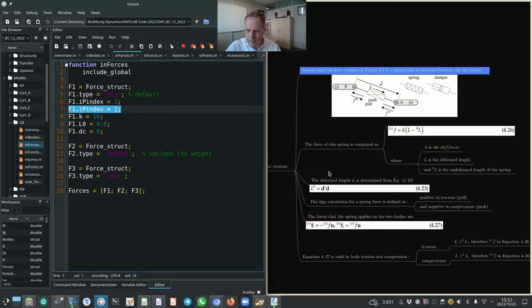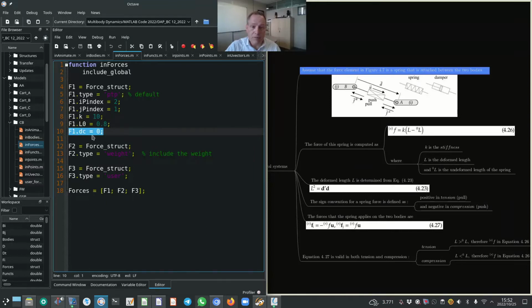That's all we need to define the vector D, and once we've defined vector D, we have the deformed length. Obviously the undeformed length is entered separately, but we want to calculate the deformed length. If we then have the stiffness, which is also entered here as 10 Newton per meter, we can calculate the spring force.